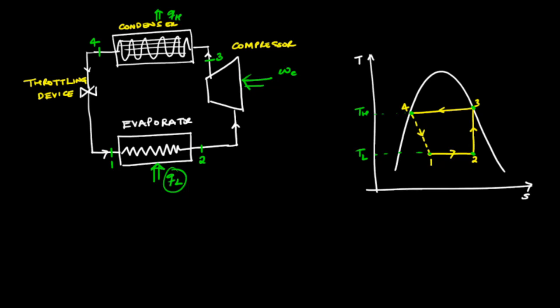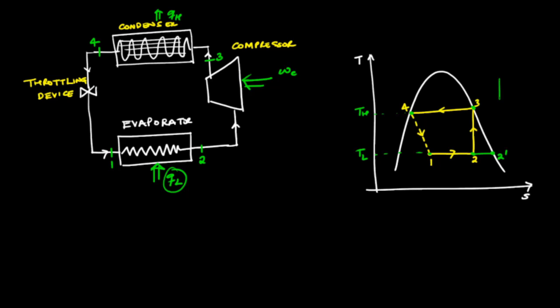Therefore, process 2 to 3 is modified so that the vaporization step that takes place in the evaporator, from state 1 to state 2, is continued till this point 2 prime, where the substance is a saturated vapor.